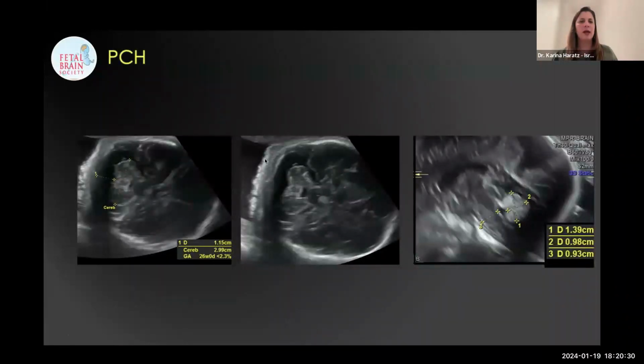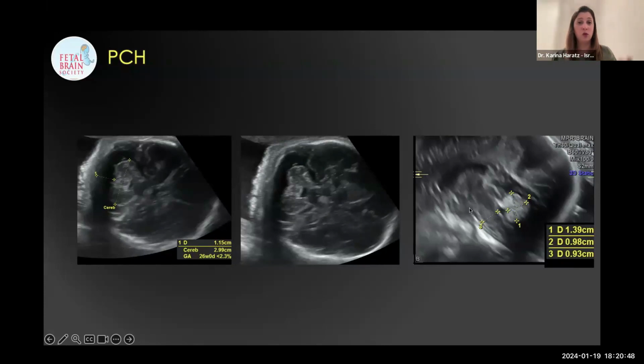Okay, so here is another case, again, a frightening one. This is 29 weeks. Cerebellum is very, very small, but morphologically very nice. Cisterna magna not enlarged, but the TCD below the 2nd centile.